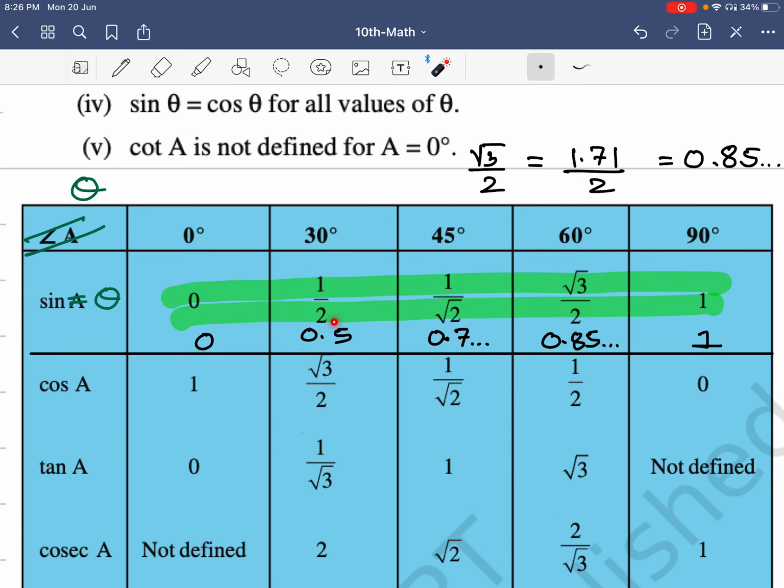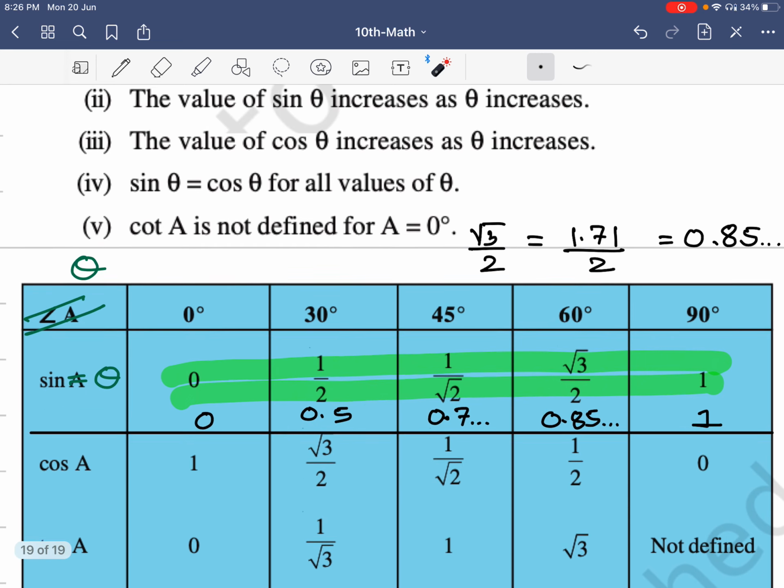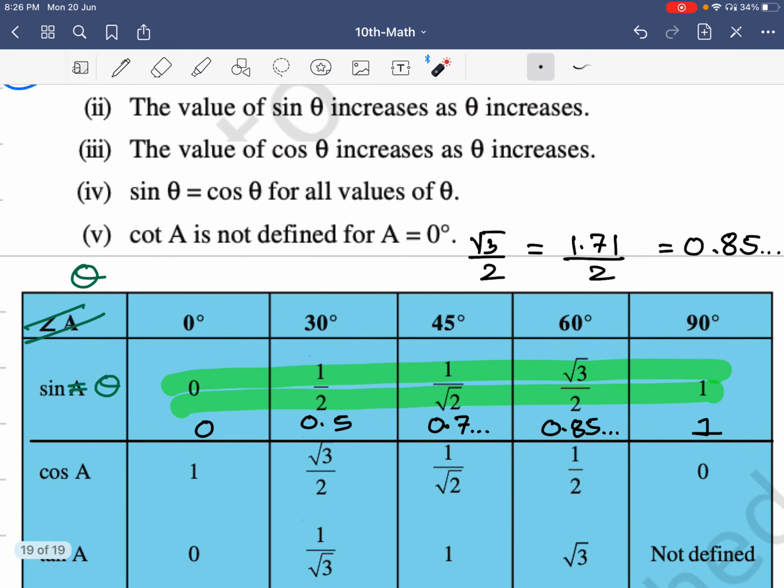From 0 it goes to 0.5, then 0.7, 0.8, and finally it goes to 1. So statement number 2, that the value of sine theta increases as theta increases, is true. So I'm going to mark this as T, true.